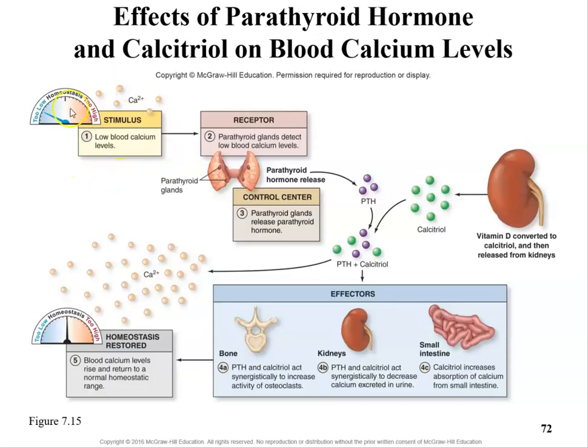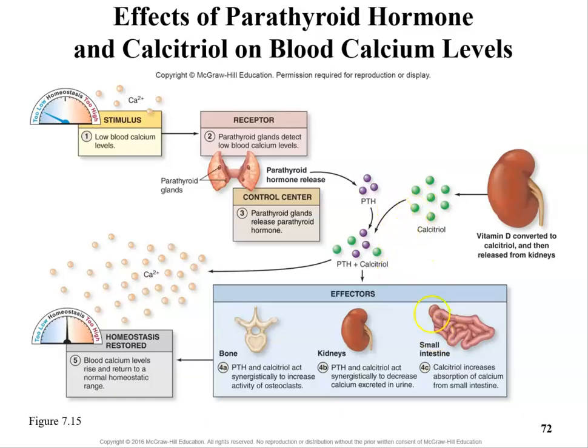Okay, so here we have a feedback mechanism. We have a stimulus, low blood calcium levels. We have our receptor, which is the parathyroid glands. They're going to detect low blood calcium levels and send a signal to the control center. So the control center is the parathyroid gland, and it releases parathyroid hormone.